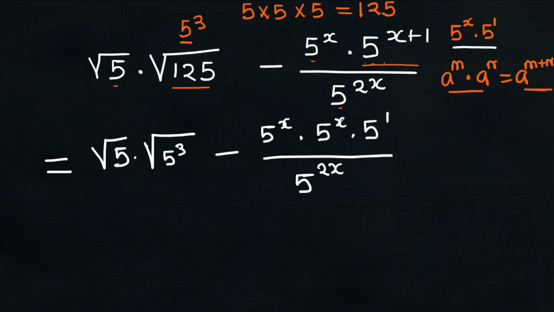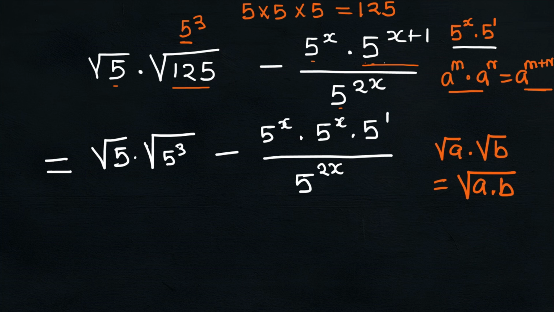Also, if you consider the property of the square roots, we know that if we have the square root of a multiplied by the square root of b, it is equal to the square root of a multiplied by b, all in the same square root.